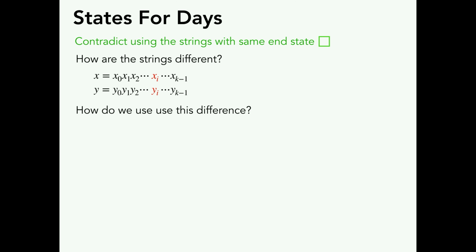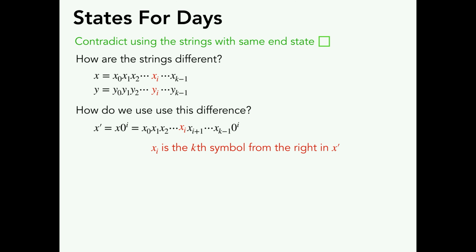And this motivates the next idea, which is to consider these strings x' and y'. So x' will be x with exactly i zeros appended to the right of x. The reason we do this is because this now makes x_i exactly the kth character from the right, which means that we can now actually consider whether it should be accepted by the DFA or not.